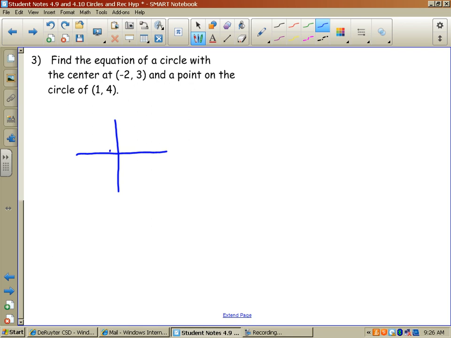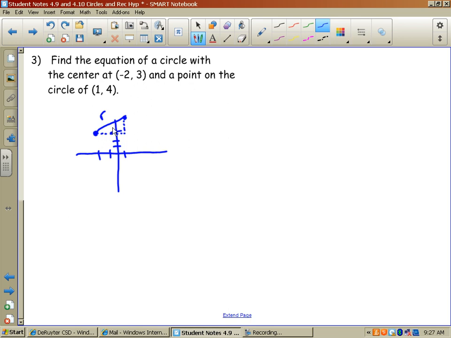So if we have negative 2, 3, that's your center, and a point at 1, 4, and this is your radius. So what we can use is the idea of right triangle trig, and find the length of the radius that way. Okay?